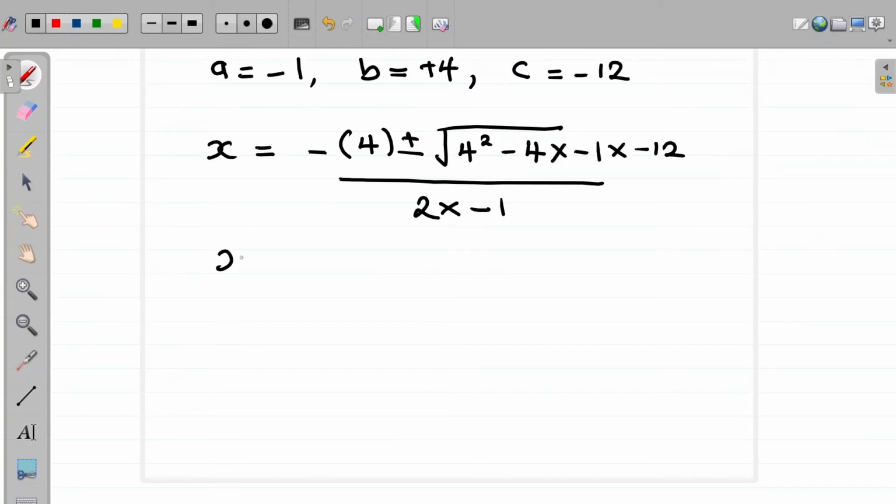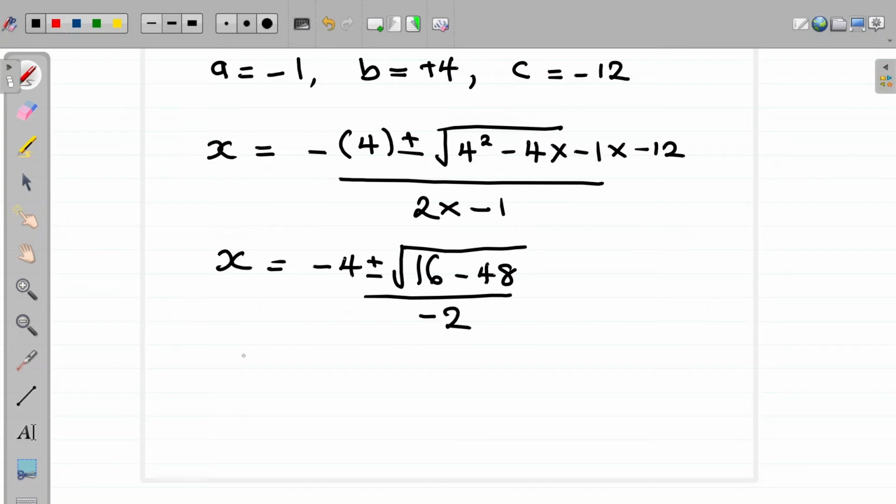So therefore, our equation becomes minus 4 plus or minus root of 4 squared is 16 minus 4 times minus 1 is 4, 4 times minus 12 is minus 48, divided by 2 times minus 1 is minus 2.